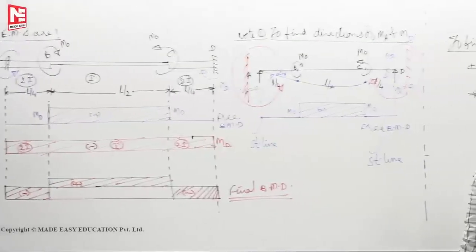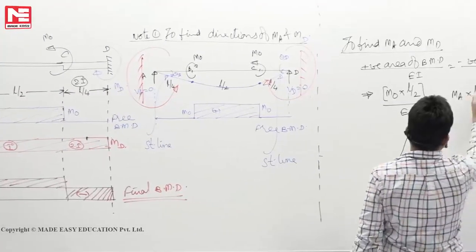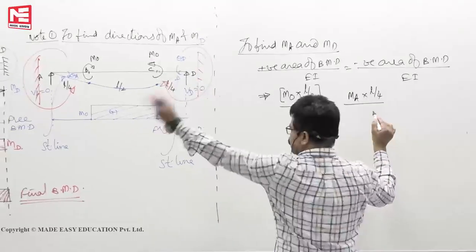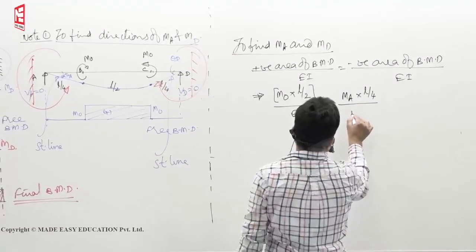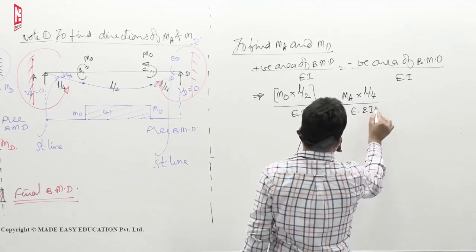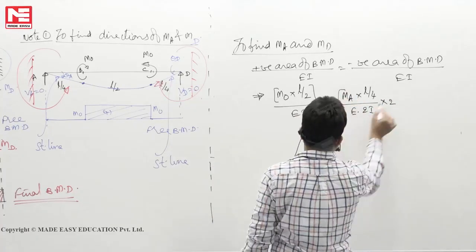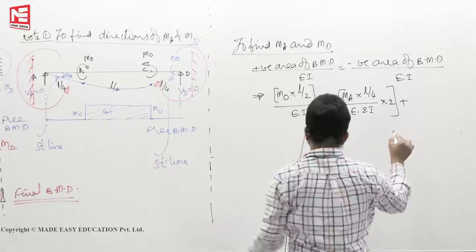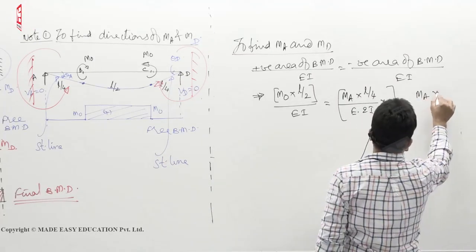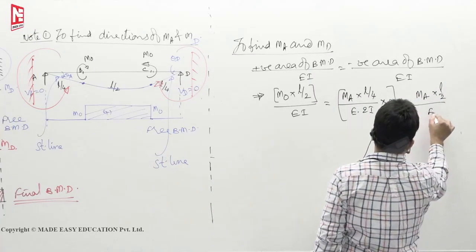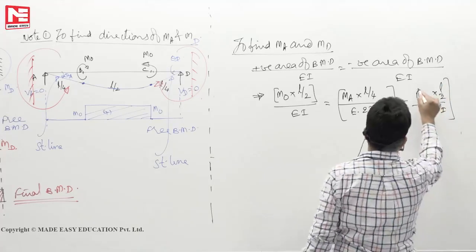So you can write this as MA into L by 4, the extreme left side rectangle area, by E into I, meaning 2I. This type of segment too is there, left and rightmost plus the central one, MA into L by 2, the central area, by E into I itself.